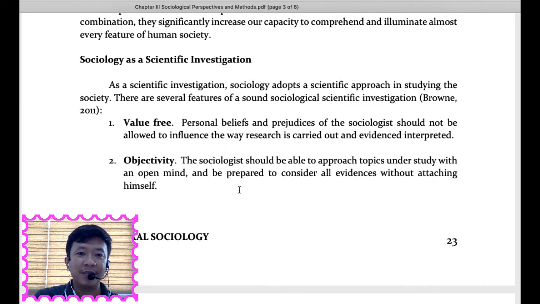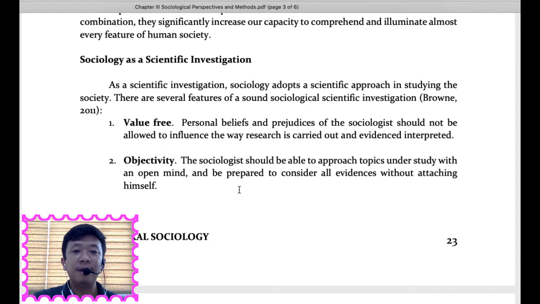Okay? Now, what about yung scientific investigation? Remember that sociology is a scientific enterprise. And all scientific enterprises are rooting on investigation as their basis for claiming truth or for claiming knowledge or for making knowledge claims.